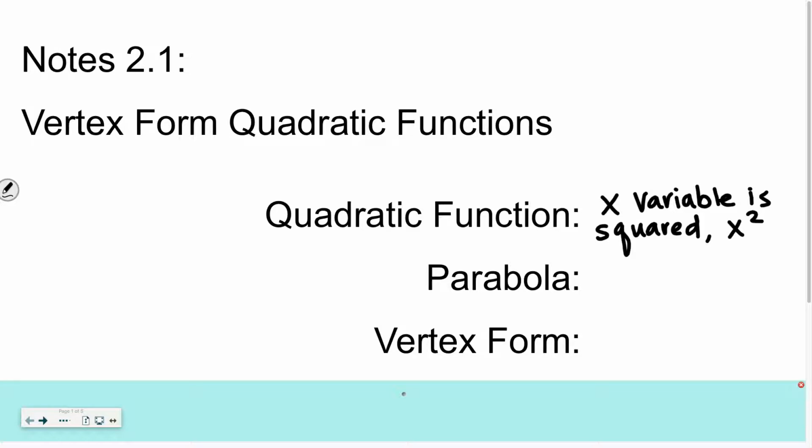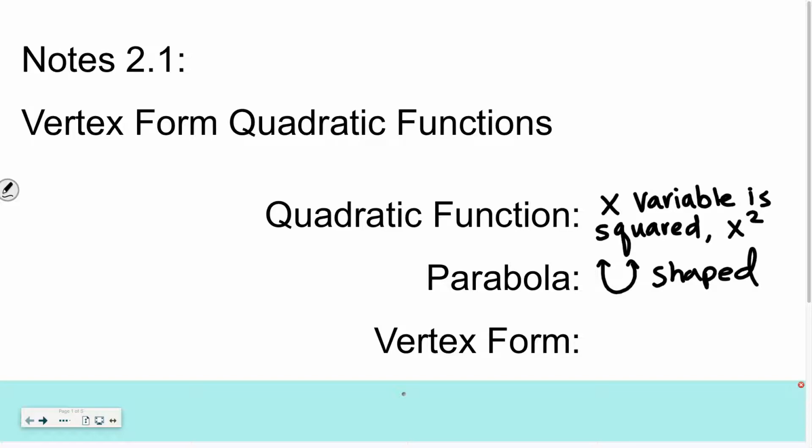Now, all quadratic functions share a similar shape for their graph, and that is a parabola, the U-shaped graph. If you're graphing linear functions, they should always be lines. If you're graphing absolute values, they should always be V-shaped, and if you're graphing something quadratic, it should always be in the shape of a U.